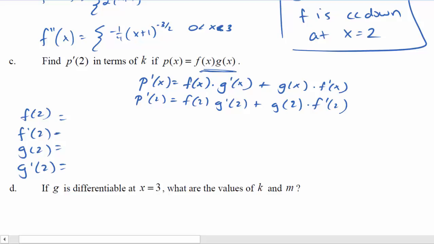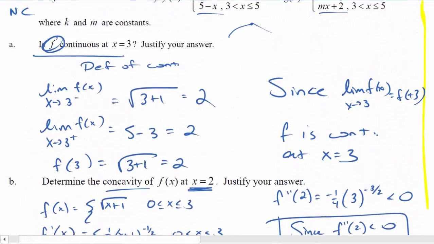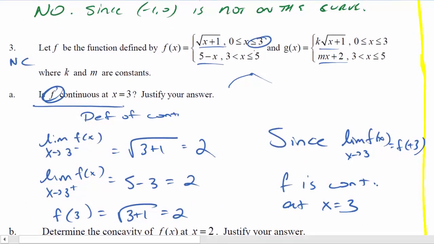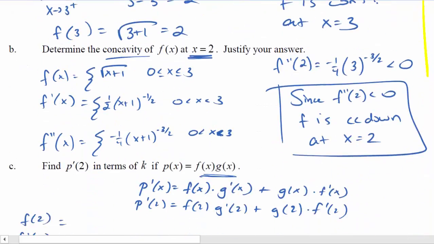The easy ones are f of 2 and g of 2. All I have to do is plug them in. So I go back up here and I say, okay, I'm going to use this function for 2 and this function for 2. So it's going to be square root of 2 plus 1, which is just square root of 3.